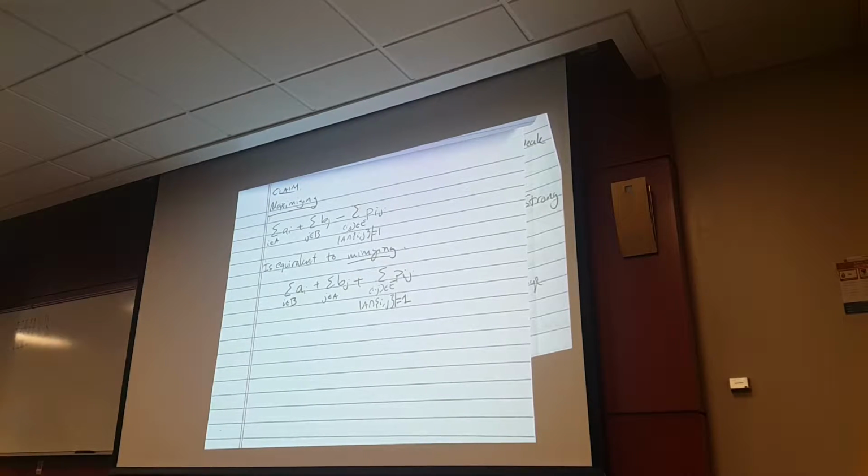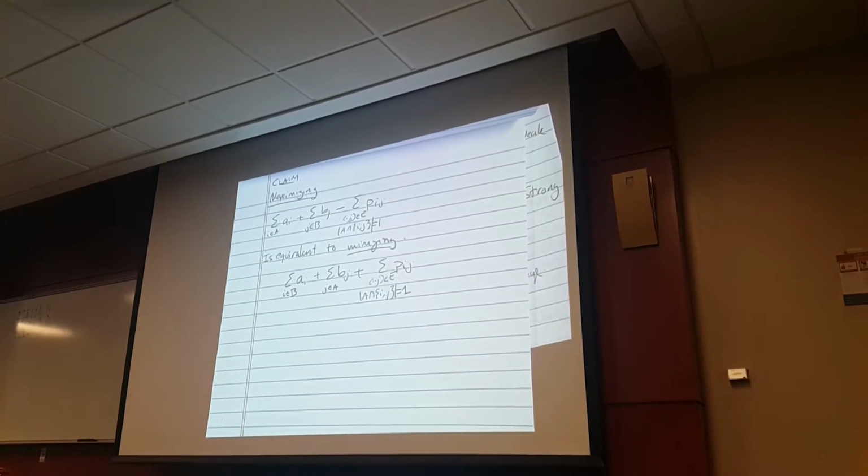Rather than maximizing this, I'm trying to minimize whatever's outside, sort of reversing it. And because of that, the penalties now become positive rather than negative. That's the intuition, but we need to prove it. All right, so that's the first step.